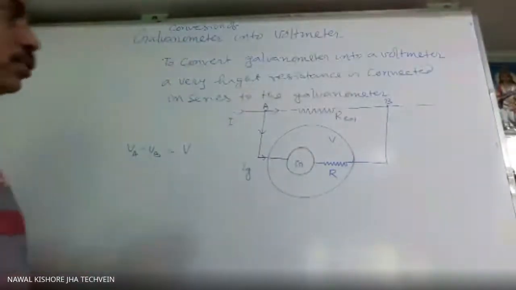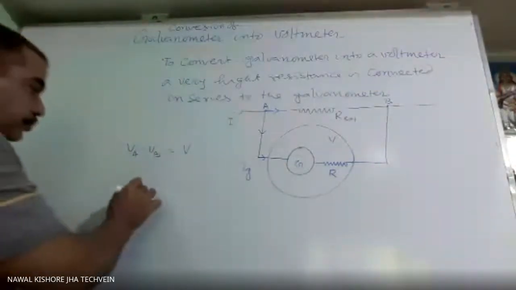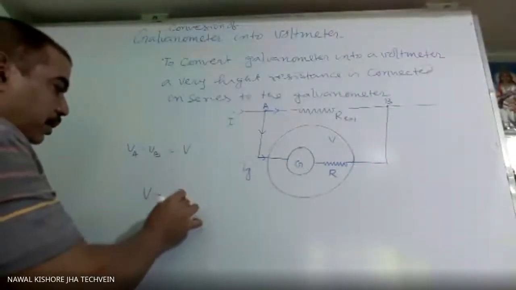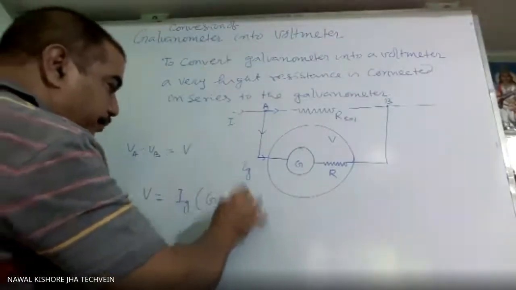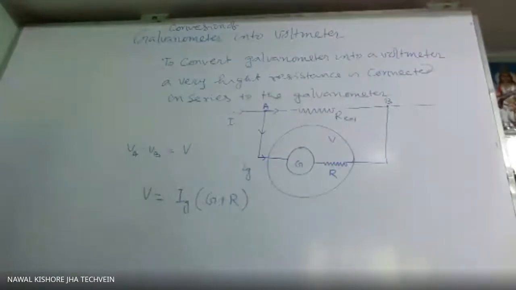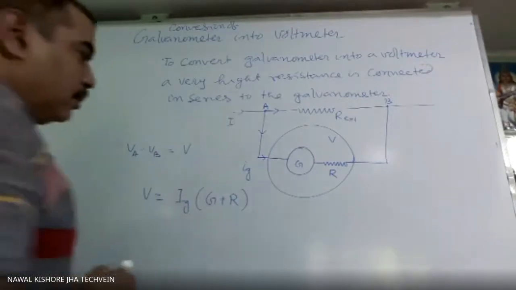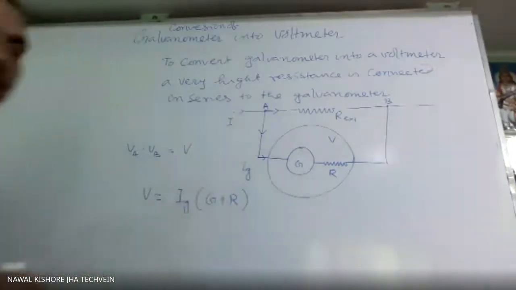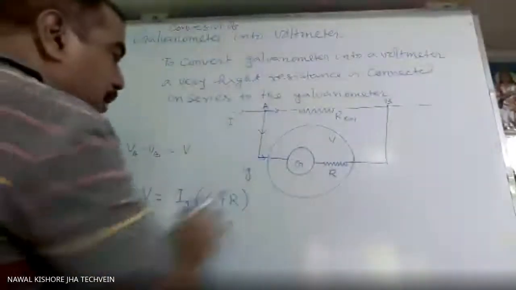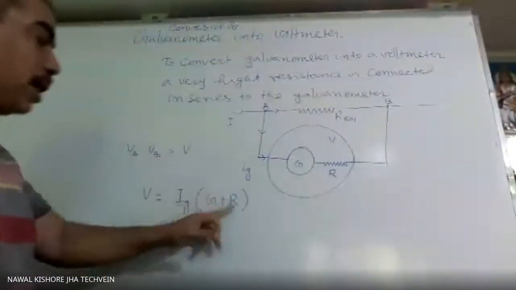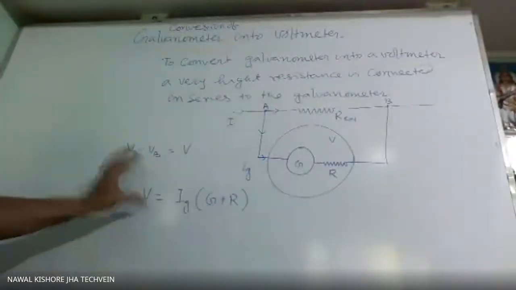Okay, so now how much will this V be? This V will be Ig into G plus R. So G plus R we call the resistance of this voltmeter. First you will be asked what should be the value of this R, in order to measure a particular voltage.